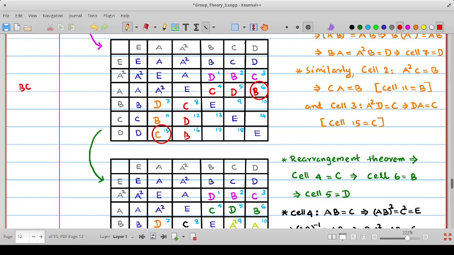It says that A times D is equal to B. So B is equal to A times D. And cell number 15 says that D times A is equal to C. So C is equal to D times A. Which implies that B times C is equal to, B can be replaced by AD and C by DA. And because of associativity, I can take this product first, which is D square. So A D square A, but D square is nothing but the identity.